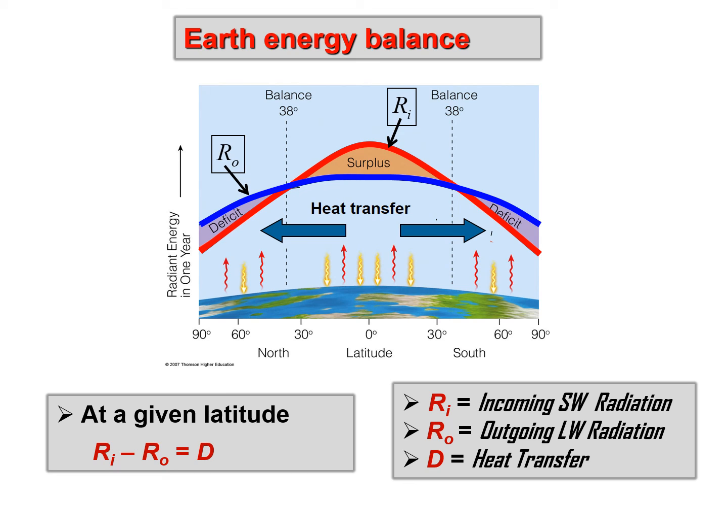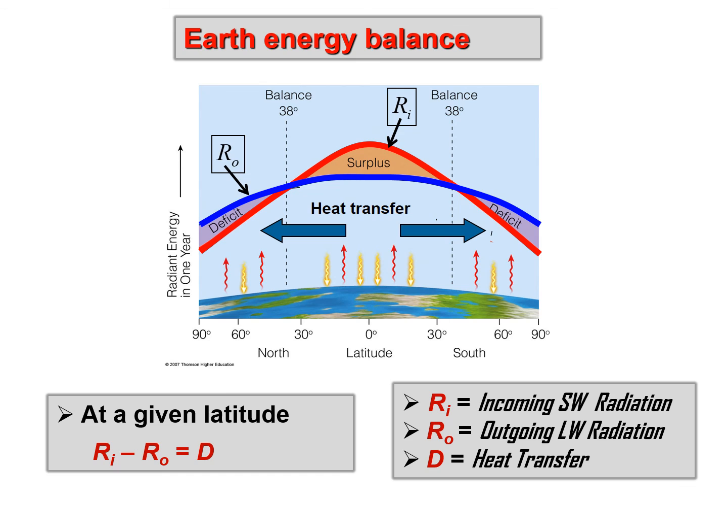At low latitudes, the equator, tropics, subtropics, the net radiation is positive. Positive means temperature going up, hot, more energy accumulating in the tropics, subtropics, low latitudes. However, at high latitudes, incoming radiation is much less than outgoing, so the net radiation is negative.